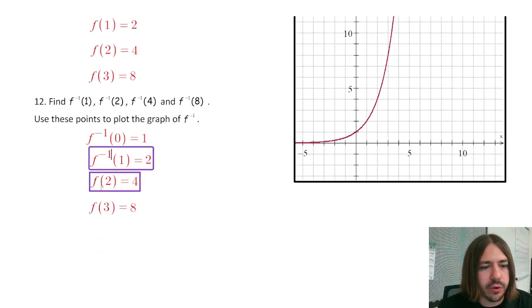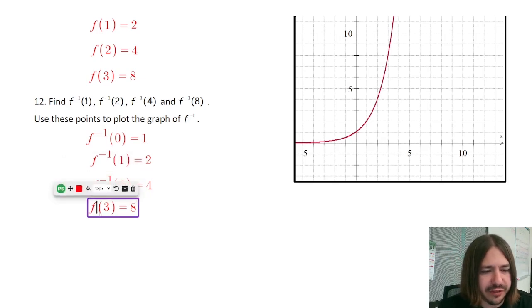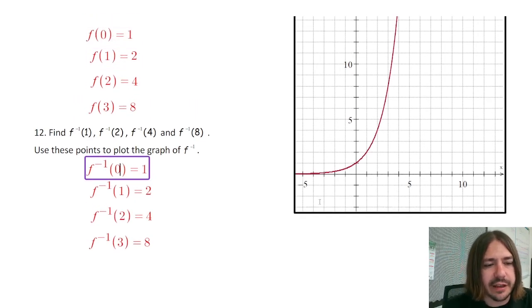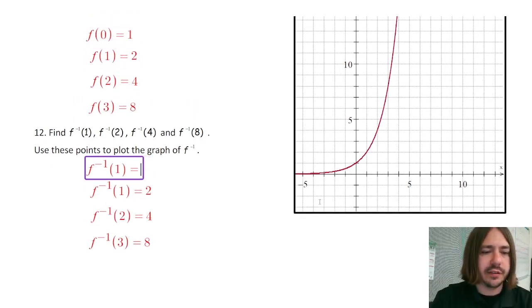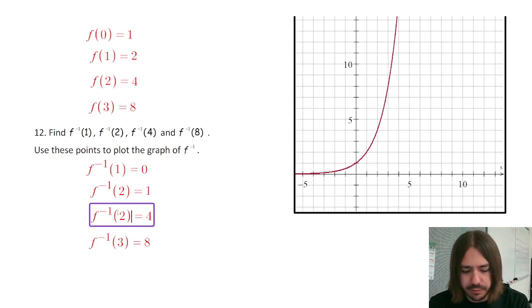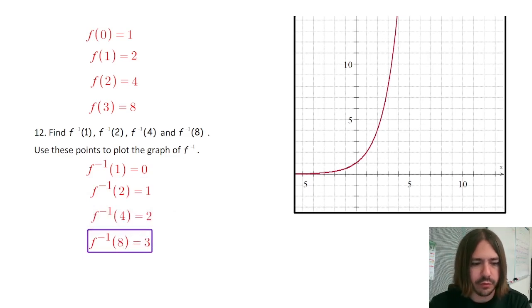For each one of these, we are going to reverse the input and the output. So for this one, since f of 0 equals 1, we can say the inverse of f of 1 is 0. And just do that for all of these. So this will be that the input's 2, the output's 1. Input's 4, the output is 2. If the input is 8, the output would be 3.